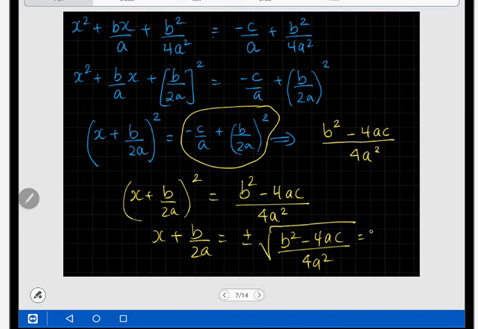This is similar to the square root of b squared minus 4ac over the square root of 4a squared. Yes, it's the same. So the square root of 4a squared is 2a. I'm going to rewrite this here.